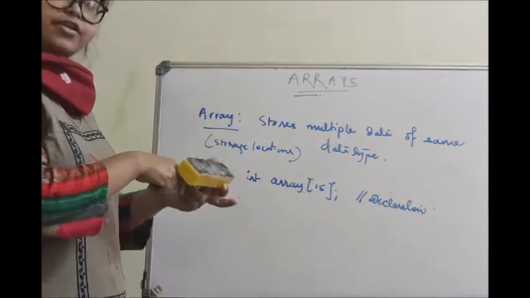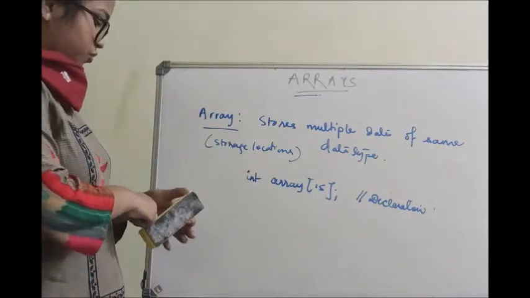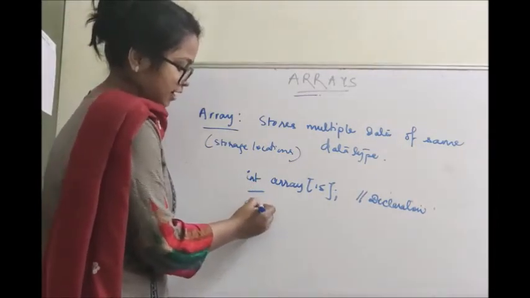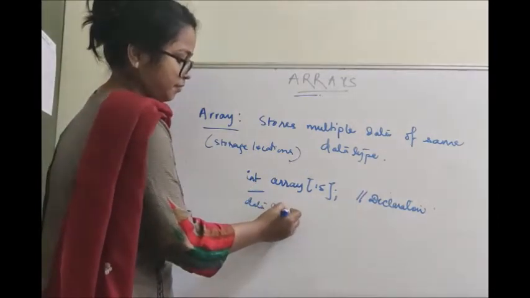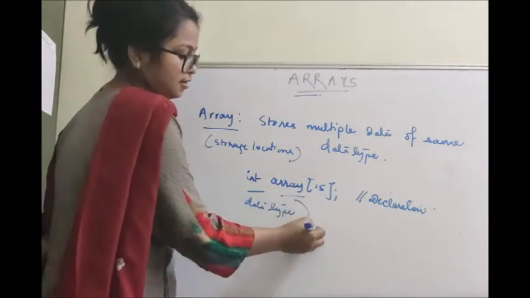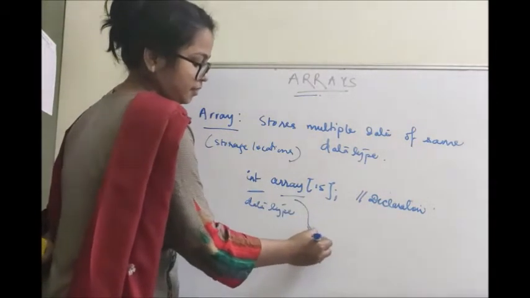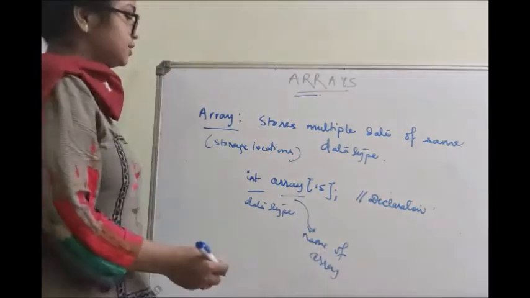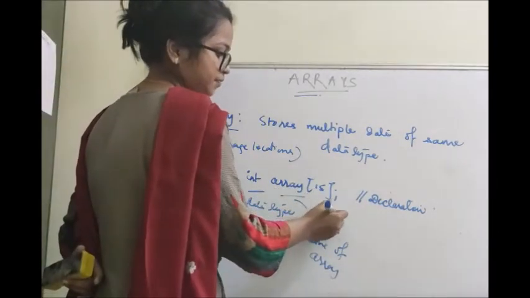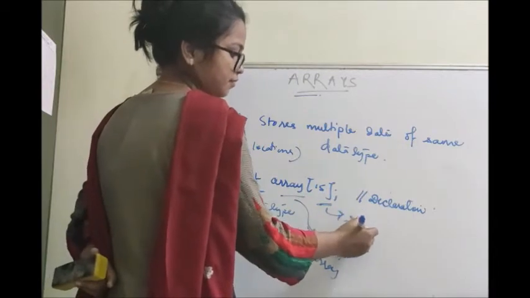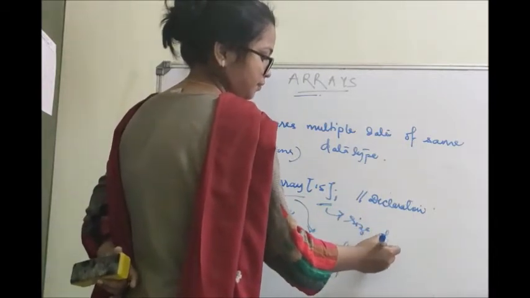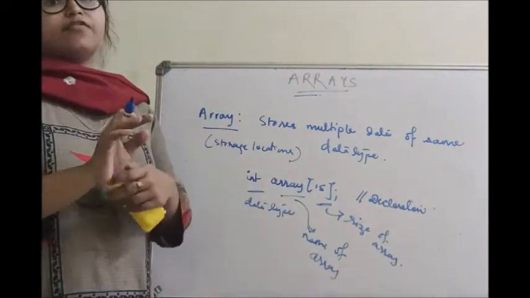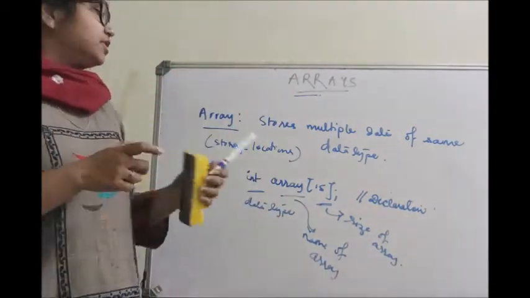So for declaring an array, what we have to do? We have to mention the type. This is the data type. This is the name of the array. And this is the size of the array. So in case of arrays, we always have to give the size.